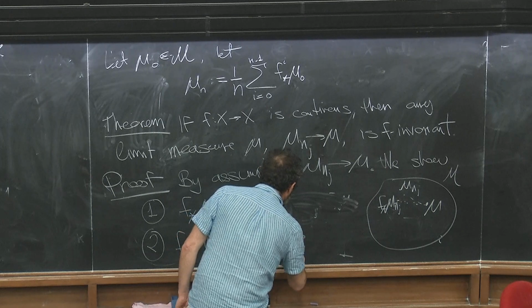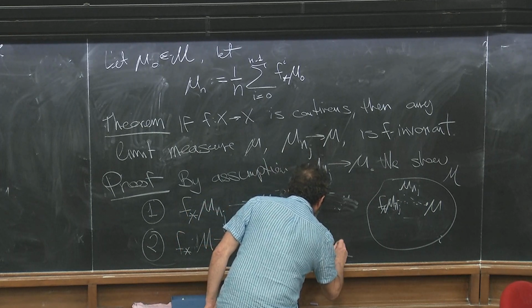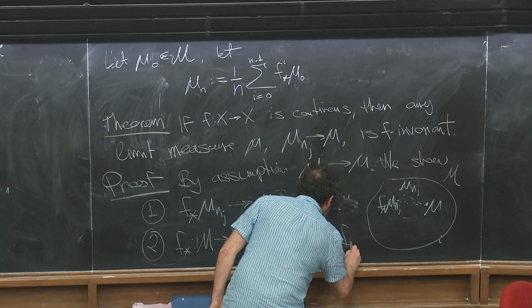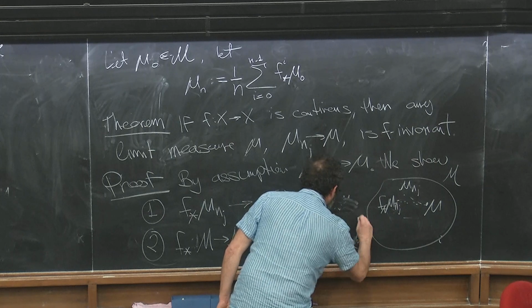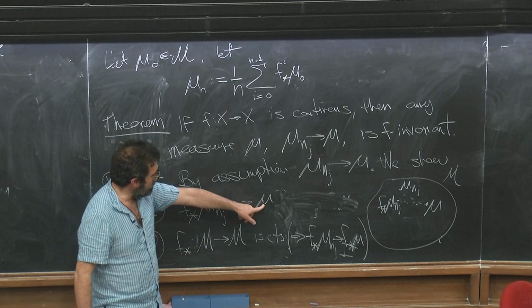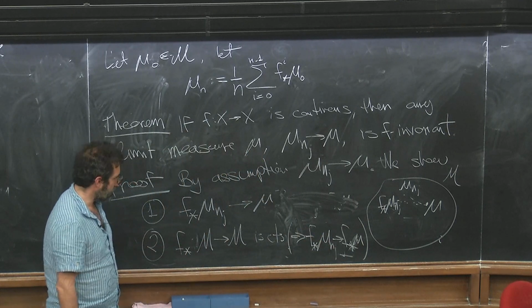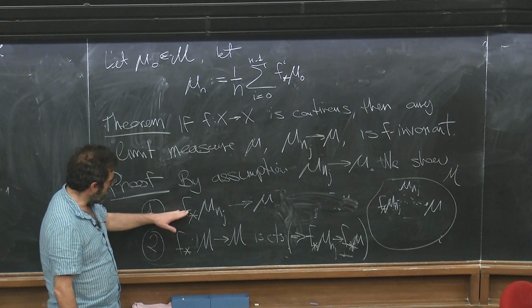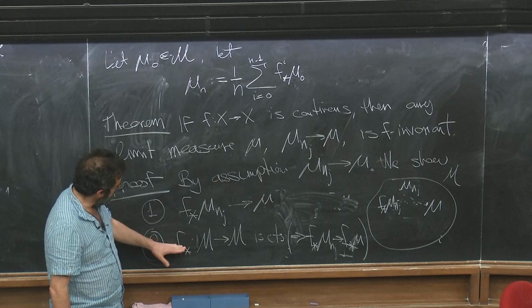So this implies that f star mu nj converges to f star of mu, right? And therefore, putting these two together, we get that mu is equal to f star of mu, which is the invariance.